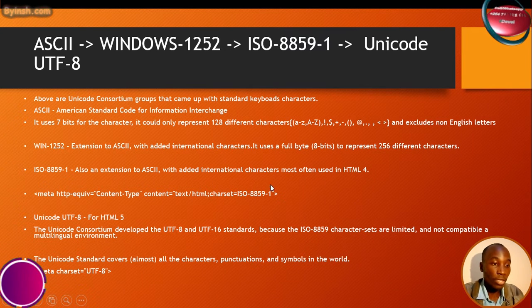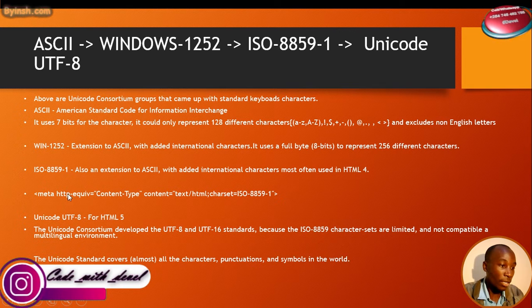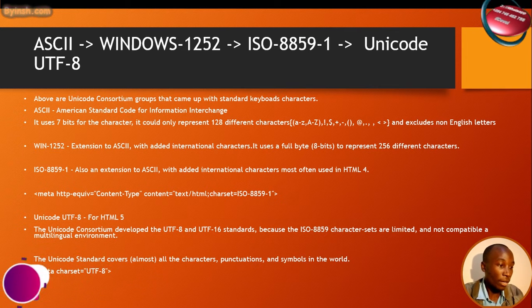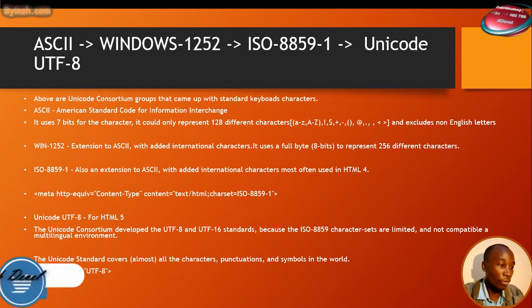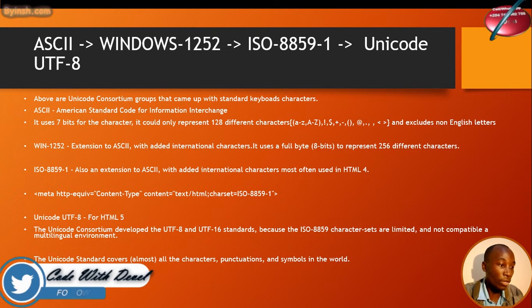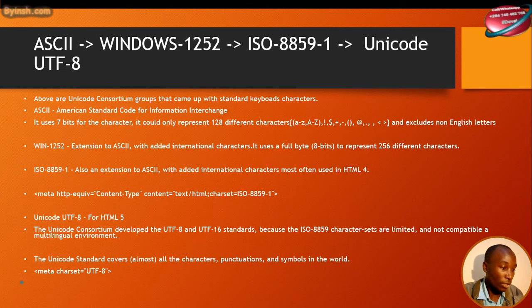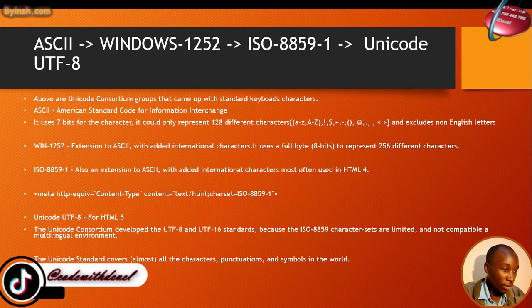If you were to use them, you could include this meta tag in your head section, in the head tag. Currently we are on HTML5, and we are adopting the use of Unicode UTF-8. This is the default. If you want to use it, you must include the meta tag that you are seeing on the last line here.